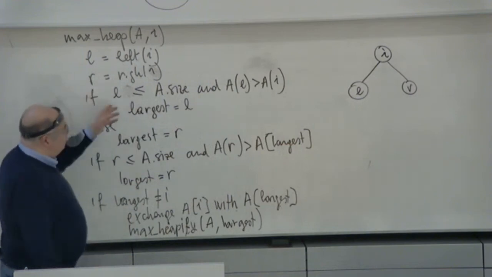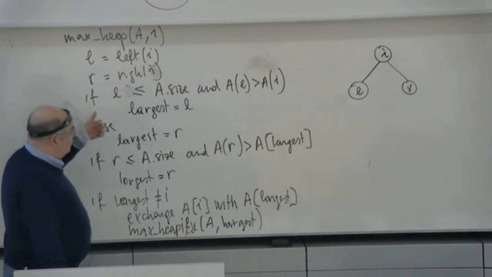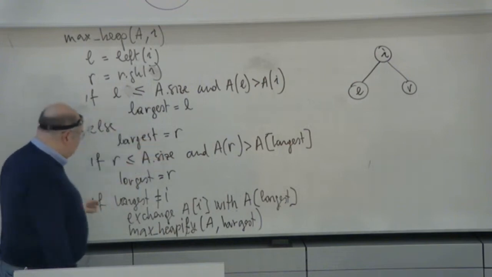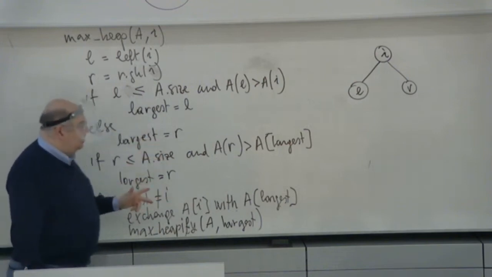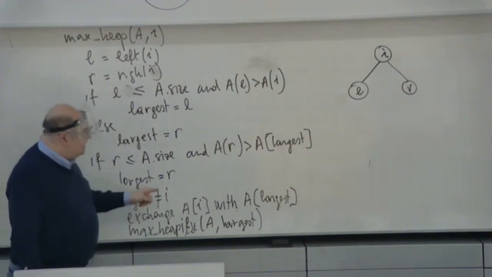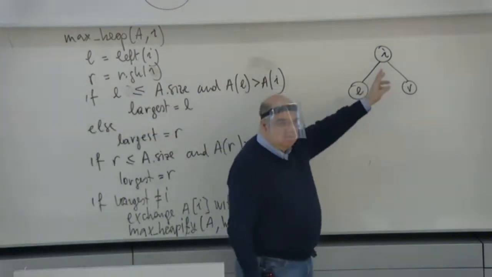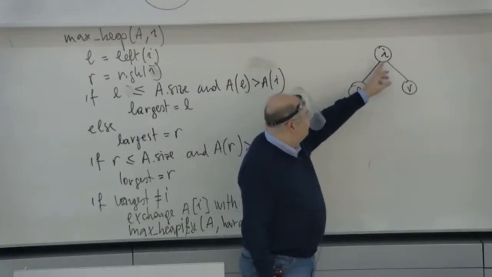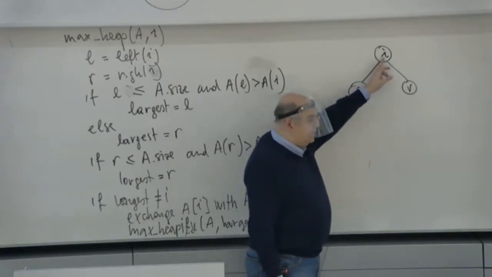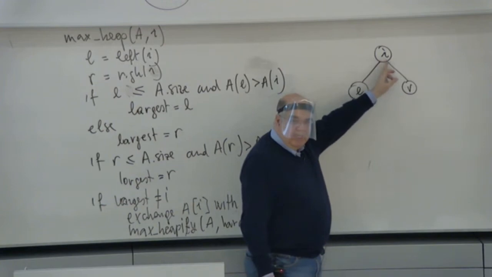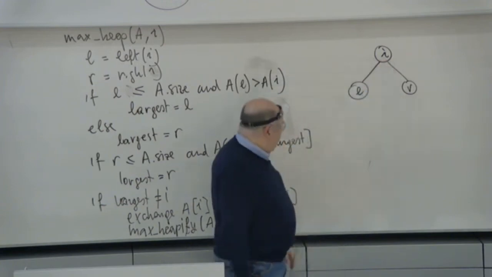So it looks first at the left, and then of course at the right, and there are essentially two cases. Either the largest was indeed I, in which case you do nothing, because the largest number is already in the right place.